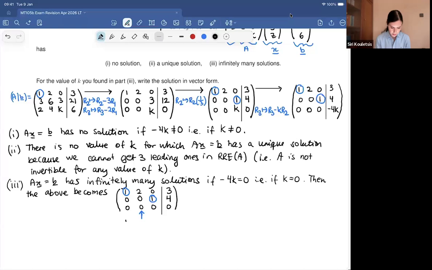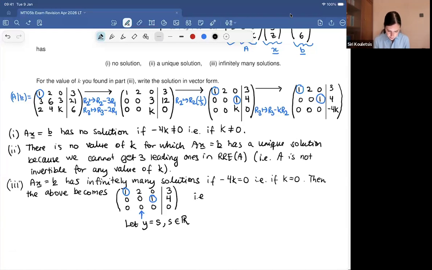And so y here can be treated as a so-called free parameter. We like then to let y equal some letter, let's say s, where s is in R, using this sign here for the real numbers. s is any real number.